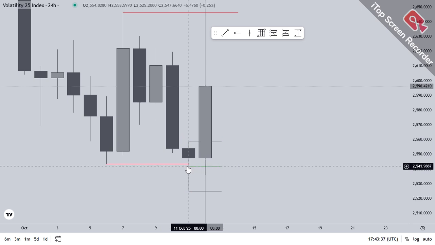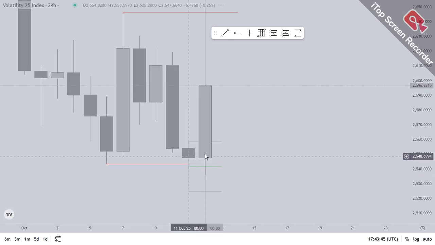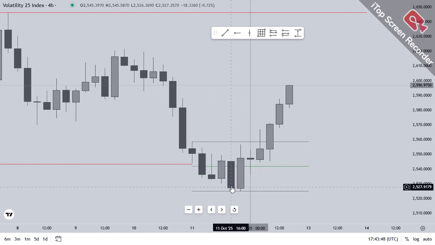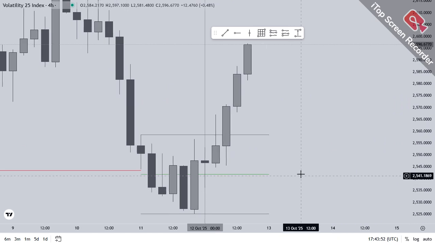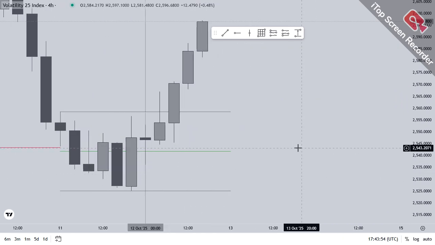So we did not just move out like that, because there's something we saw here, which when we go to a lower time frame, we'll be able to see why price came into the 50% and then moved away. Okay, just like that, right?